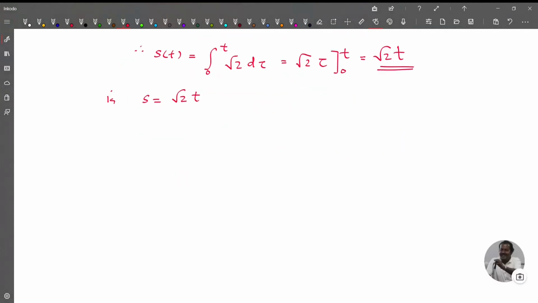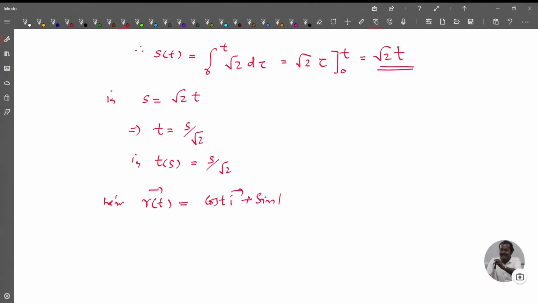So this implies t is equal to s by root 2, that is t of s is equal to s by root 2. We have r of t is cos t i plus sin t j plus t k.